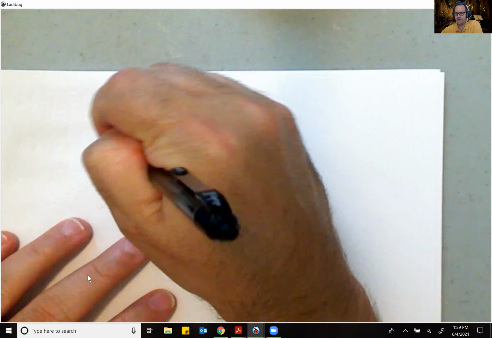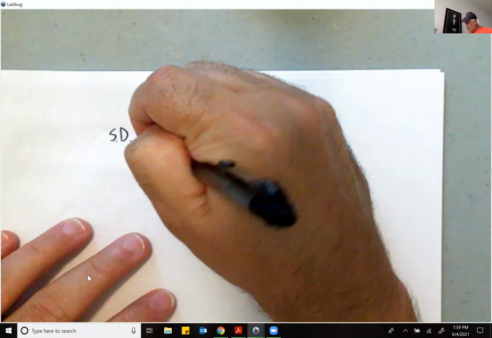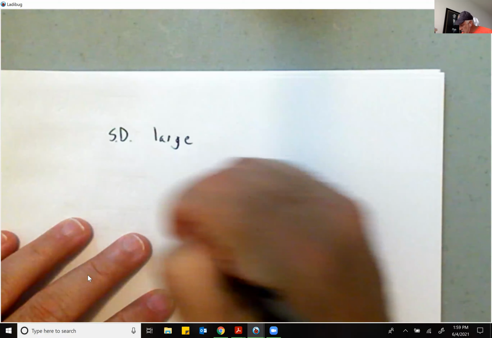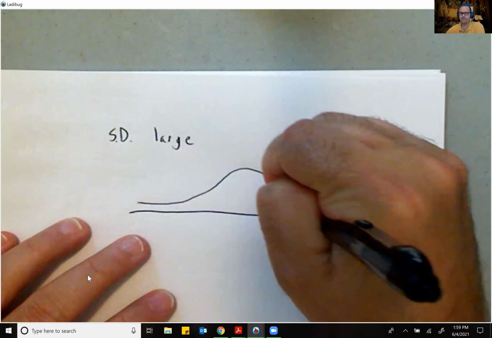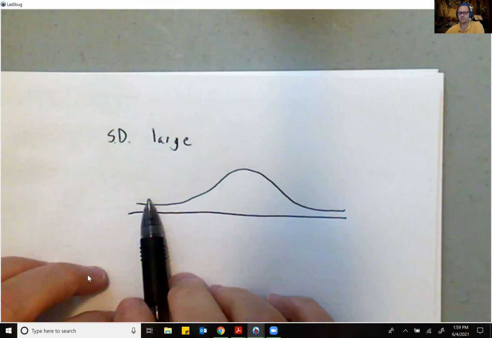So standard deviation. If it is large, when you're looking at the spread of your data, it's kind of a more spread out curve.